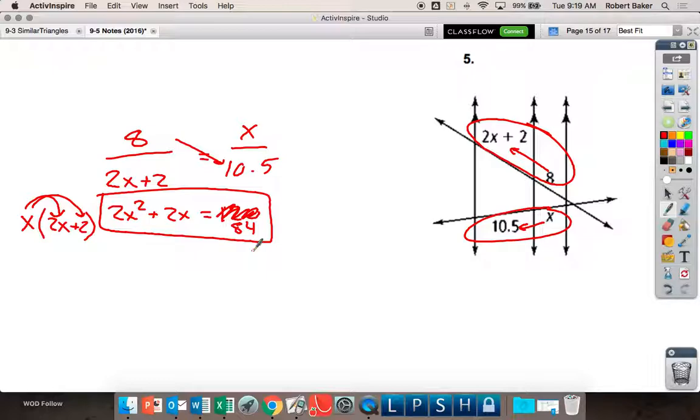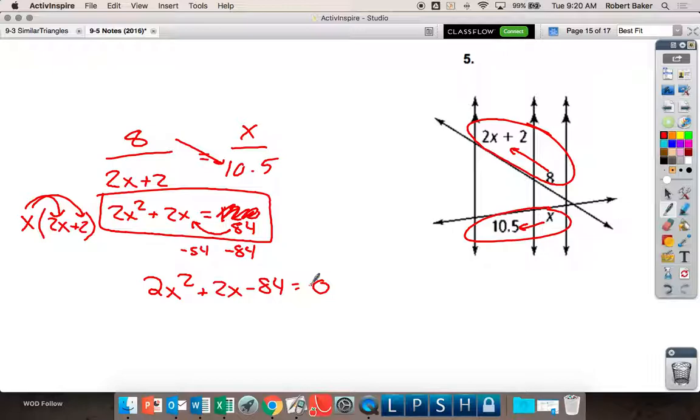I don't remember. So in this scenario, we have to set one side equal to 0. I have to move this 84 this direction, so I need to subtract 84 from both sides. I know you did this in algebra.